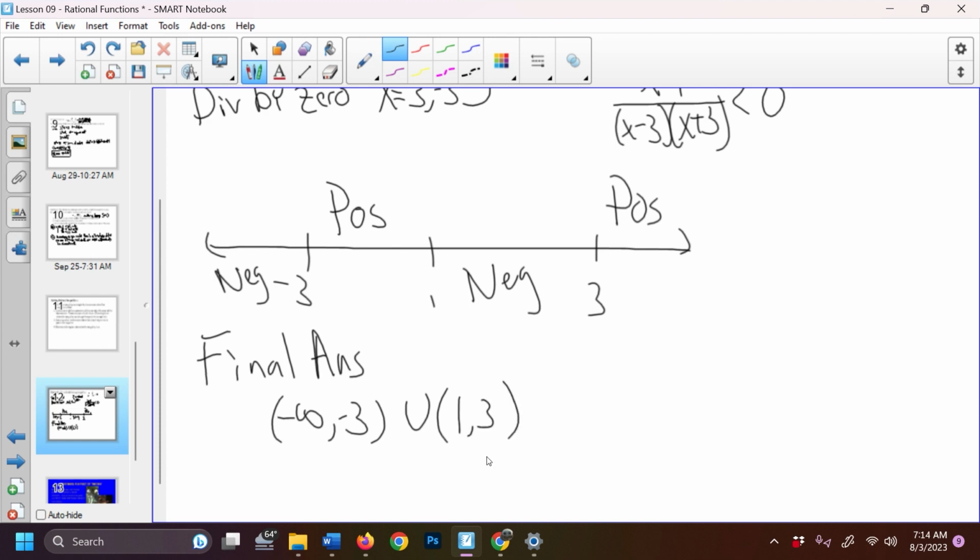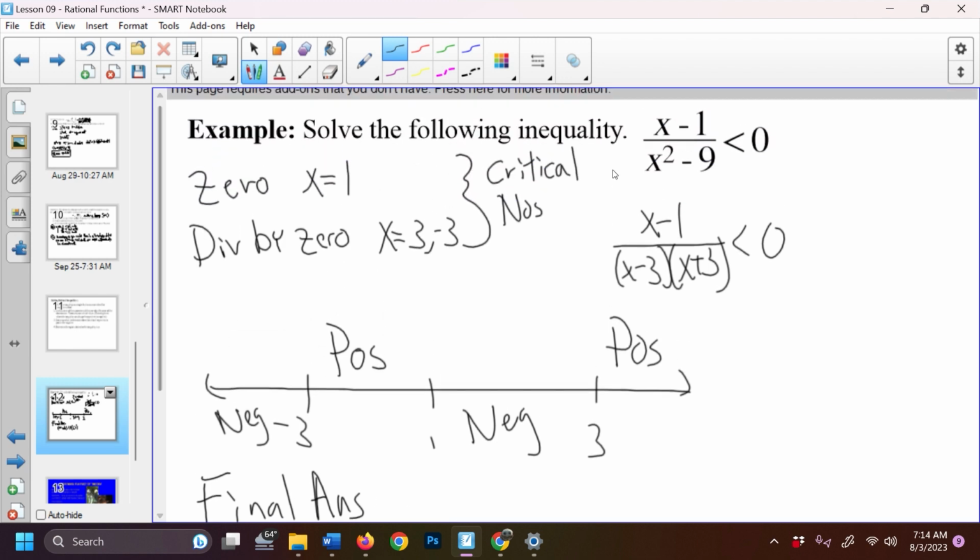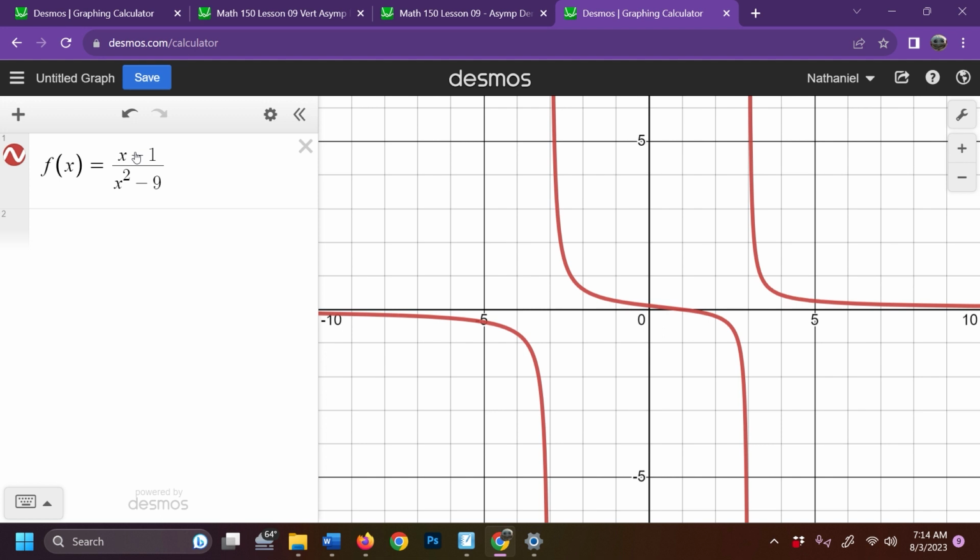And we can check that by looking at decimals. Again, we want to know where this function is less than 0. So we'll type in the function. Here I have the function, x minus 1 over x squared minus 9. We can see that from negative infinity all the way up until we get to negative 3, it's less than 0.